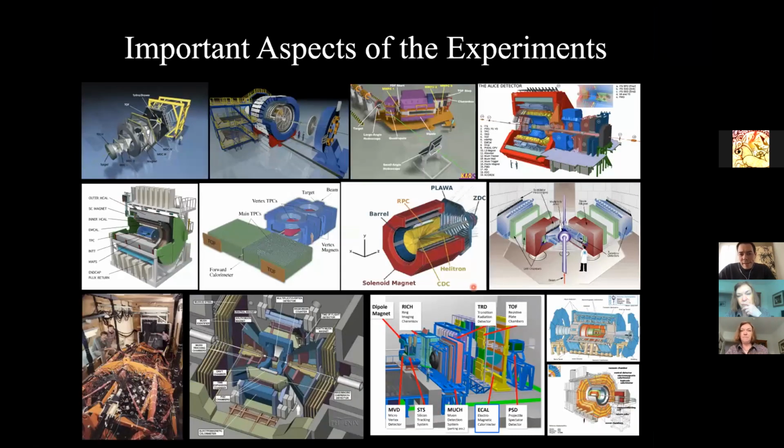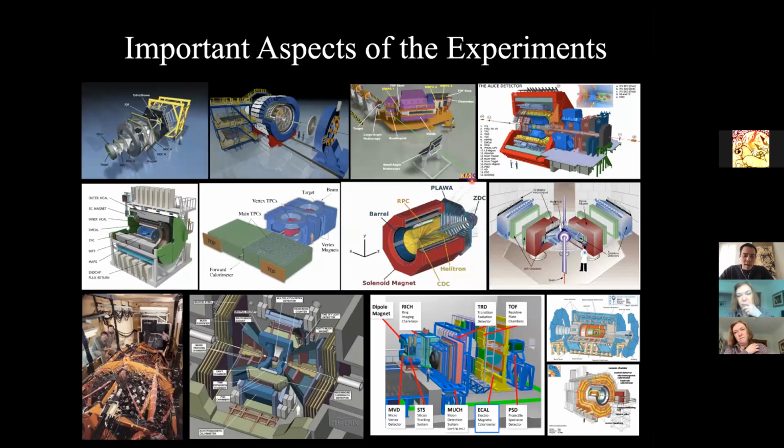Now I come to the important aspects of the various experiments. As I pointed out before, I'm not going into the detail of all the experiments, especially the older experiments. I will just briefly point out what the important aspects were and how they evolved into the newer experiments.